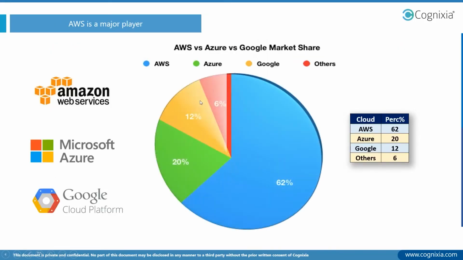If you see the comparison among AWS, Azure, and Google Cloud, we clearly see the market share of AWS is approximately 62%, and compared to other cloud platforms, this difference is huge. And from the percentage figure, you can easily measure the popularity of Amazon Web Services.